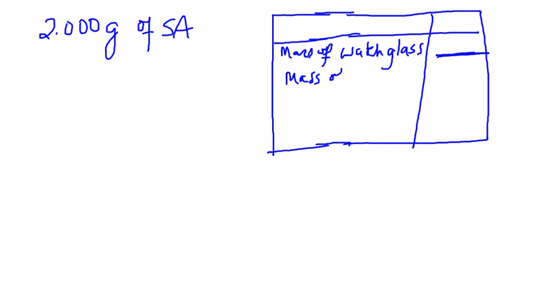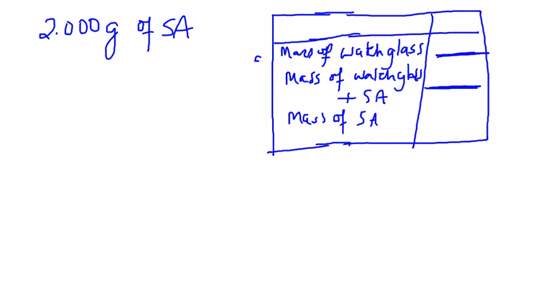Mass of watch glass, you're going to write that here. You're then going to say mass of watch glass plus salicylic acid, that's going to go here, and then you'll see a mass of salicylic acid, which is essentially B minus A, and that will be the third number.